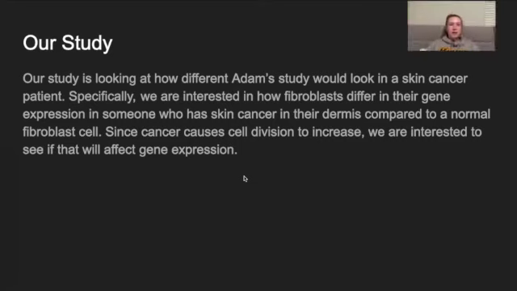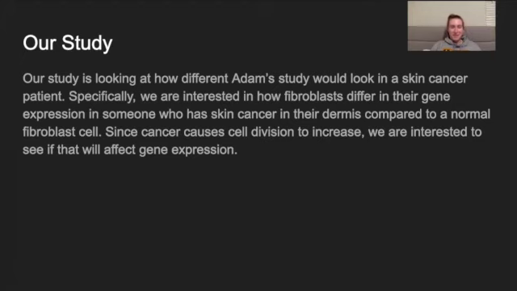Our study is kind of a redirection of Adam's studies because we're going to look at how his study can apply to that of skin cancer patients. We're going to specifically look at how the fibroblasts differ in a patient that has skin cancer versus a normal fibroblast, and how their gene expressions change.